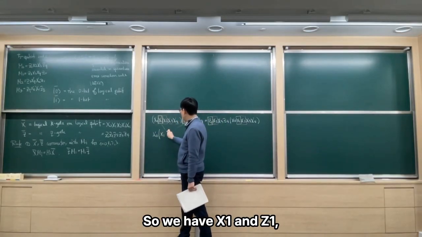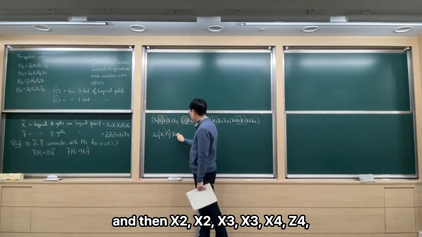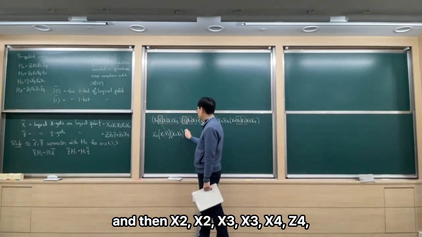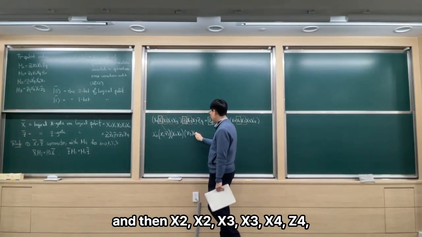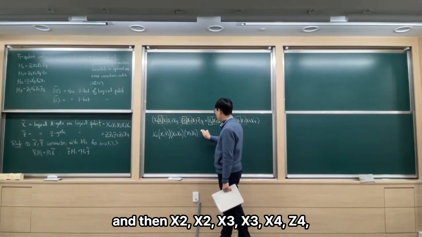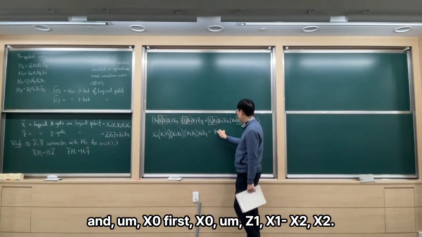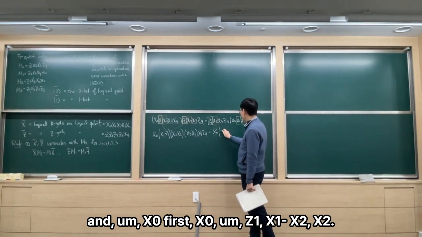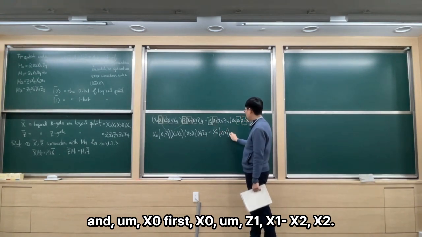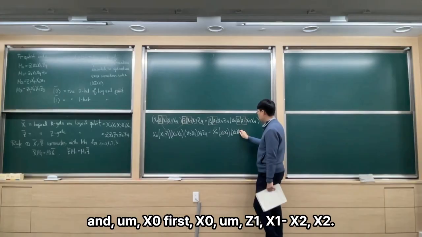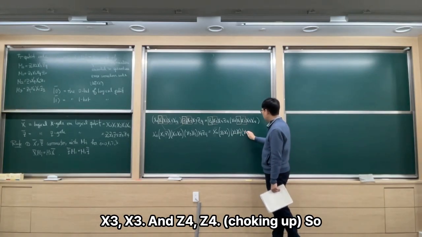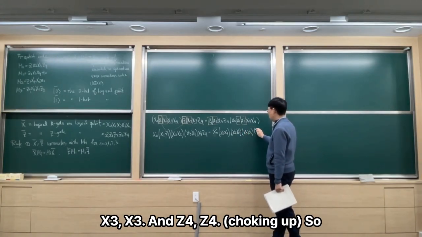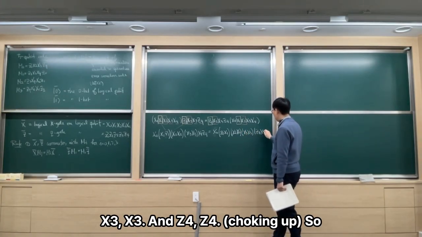We have X1 and Z1, and then X2, X2, X3, X3, X4, Z4, and X0 first, X0, Z1, X1, X2, X2, X3, X3, and Z4, X4.